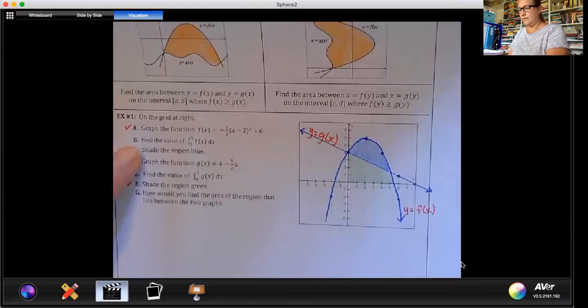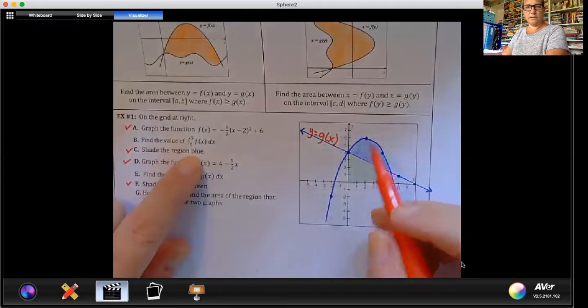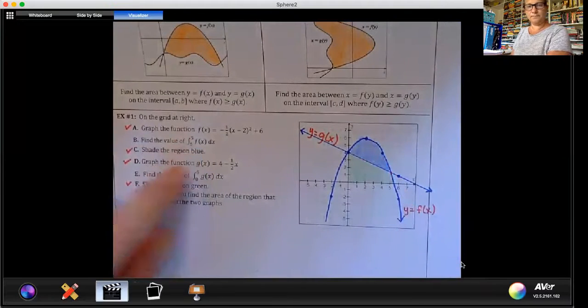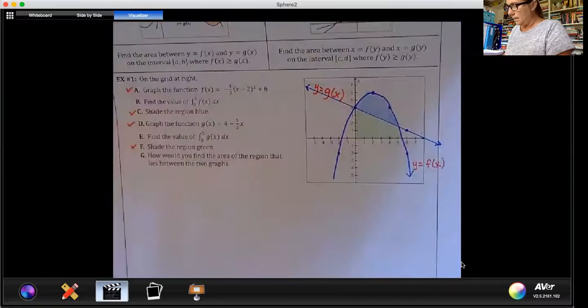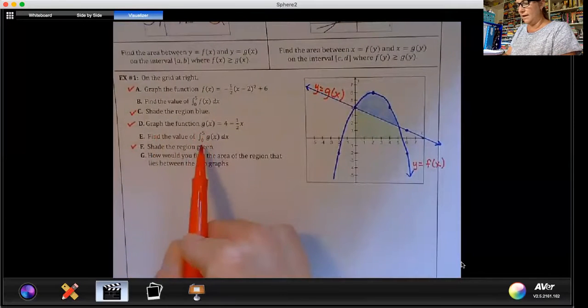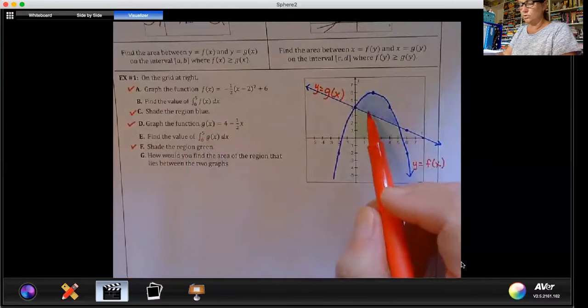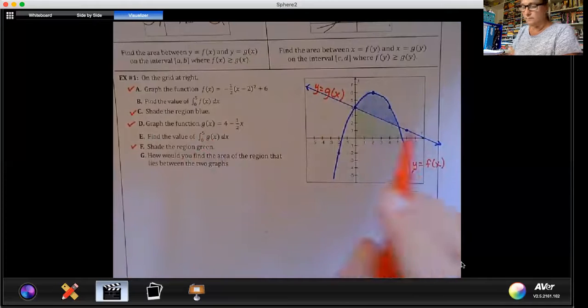And we're going to find the value from 0 to 5 of f of x. And that region is going to represent the blue piece that you see here. And then we're going to graph the function. We already have g of x, and we're going to find the integral from 0 to 5 of g of x, shade that region green. And then how would you find the area that lies between these two curves?